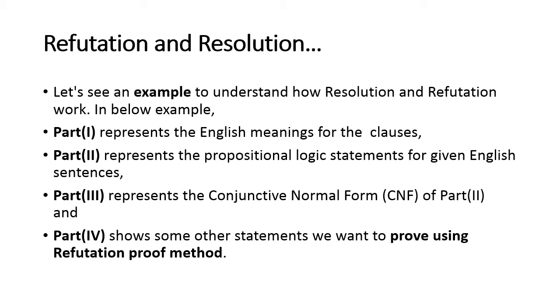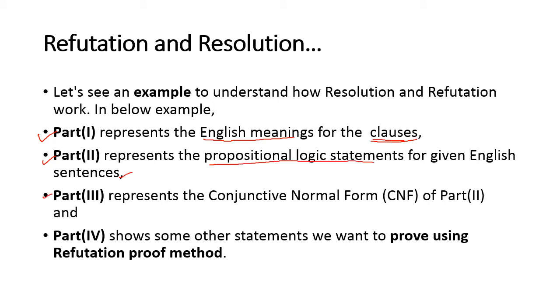Let us see one example for this refutation in resolution. In this example, we have four different parts while deriving the solution. The first one is part 1. Part 1 contains English meanings for the clauses. Clauses means the simple statements. Part 2 represents the propositional logic statements for the given English sentences.